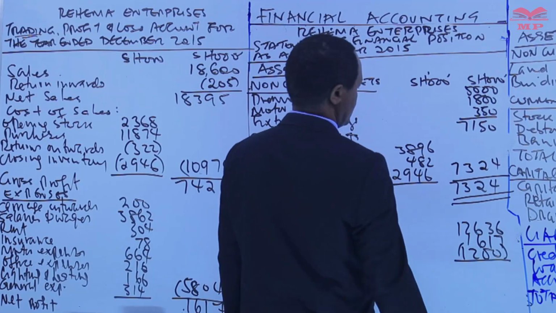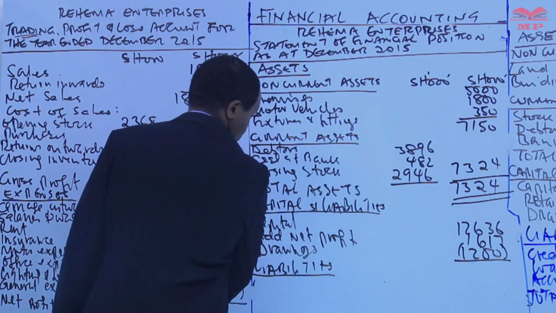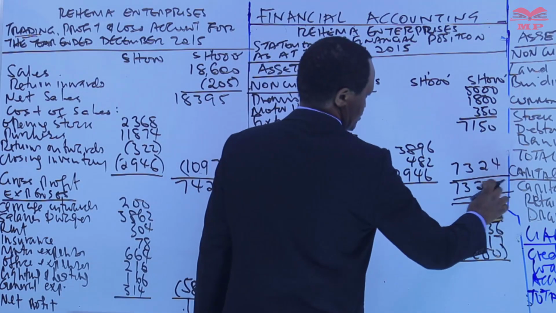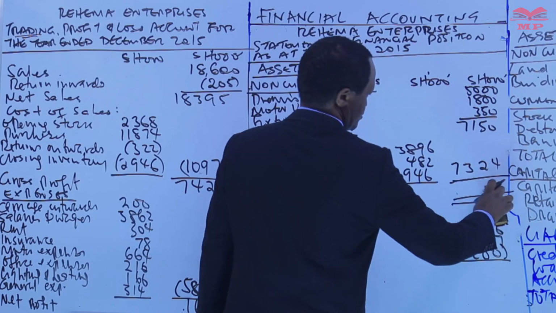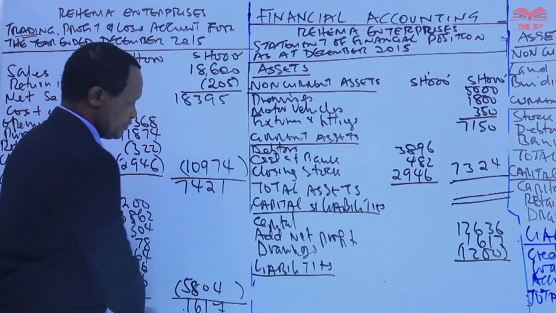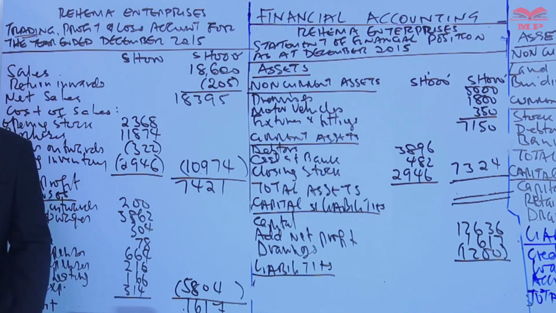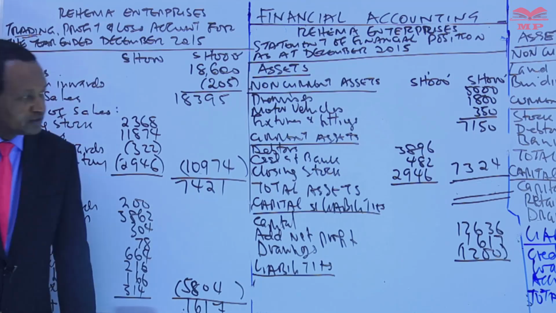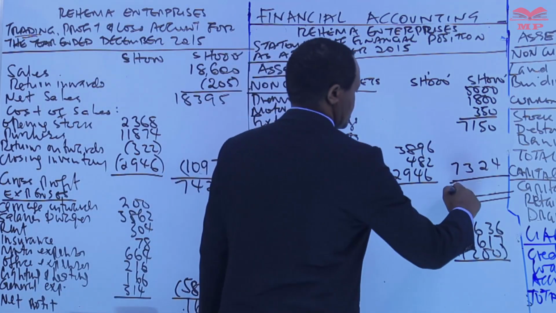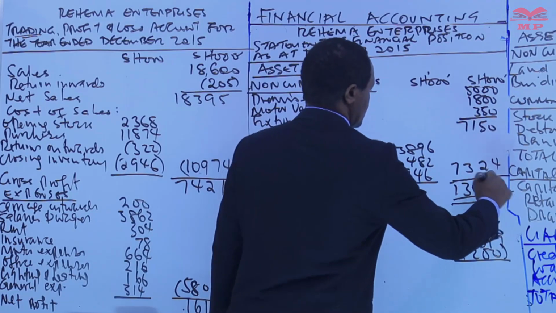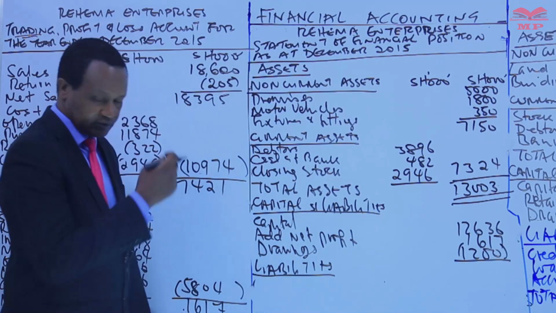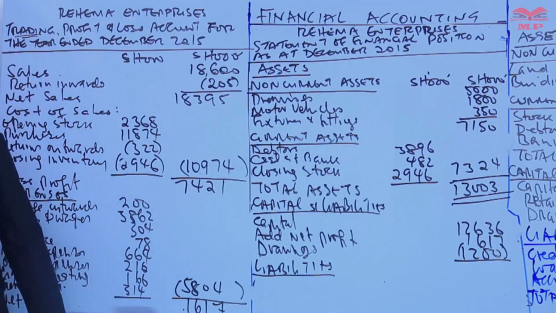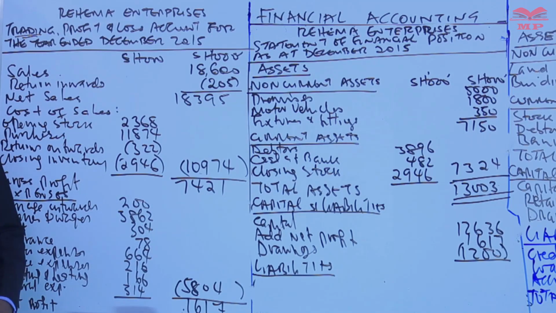I think so. Help me identify liabilities. So 13,003 is the total assets. Help me identify the liabilities from the question.